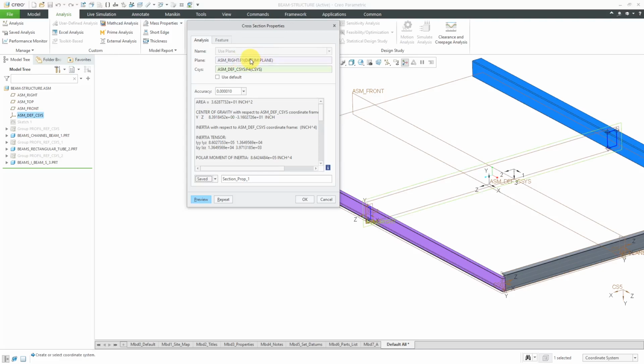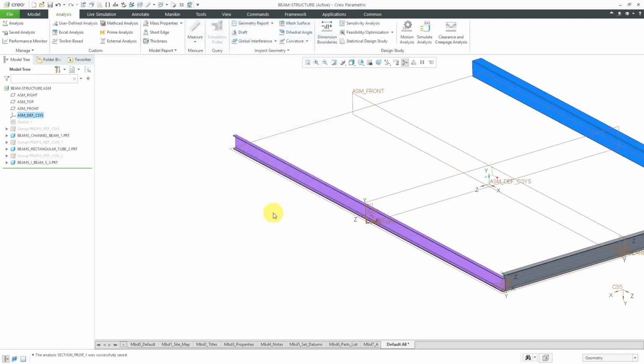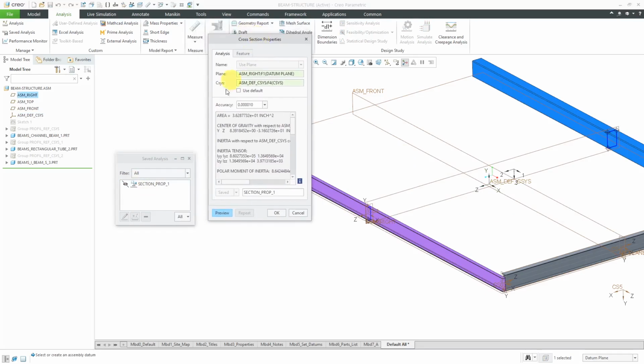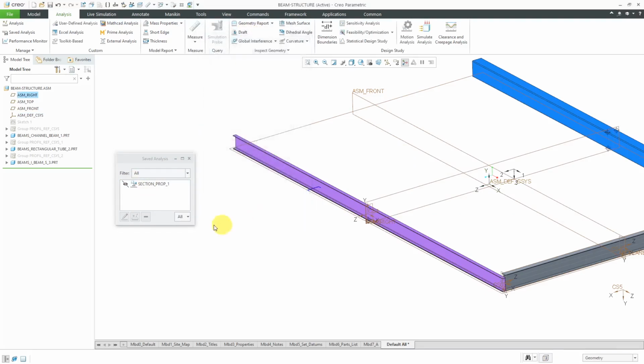That way I don't have to keep on changing the plane that I'm using or the coordinate system that I'm using. If I click the OK button and I want to get back to that, I can click on the saved analysis icon, and here's the section properties, and I can double click on it to bring the dialog box back up to see the different values. All right, let's cancel out of here and close the saved analyses.